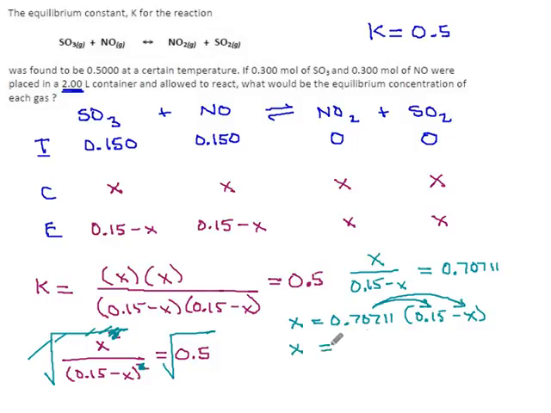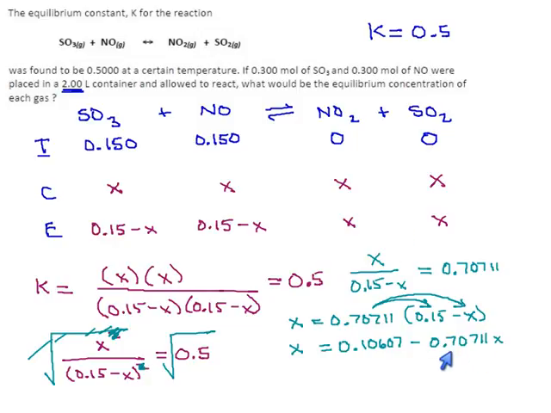Gives us X equals 0.70711 times 0.15 is 0.10607 minus 0.70711X. Okay, so we did 0.707 times this number, there's the result, and we did 0.707 times X, there's the result. Almost there, hang on.